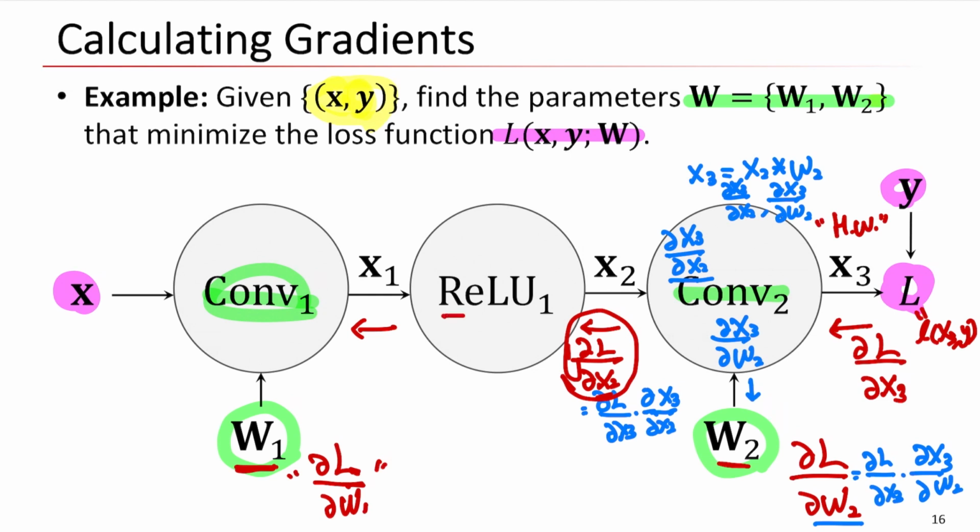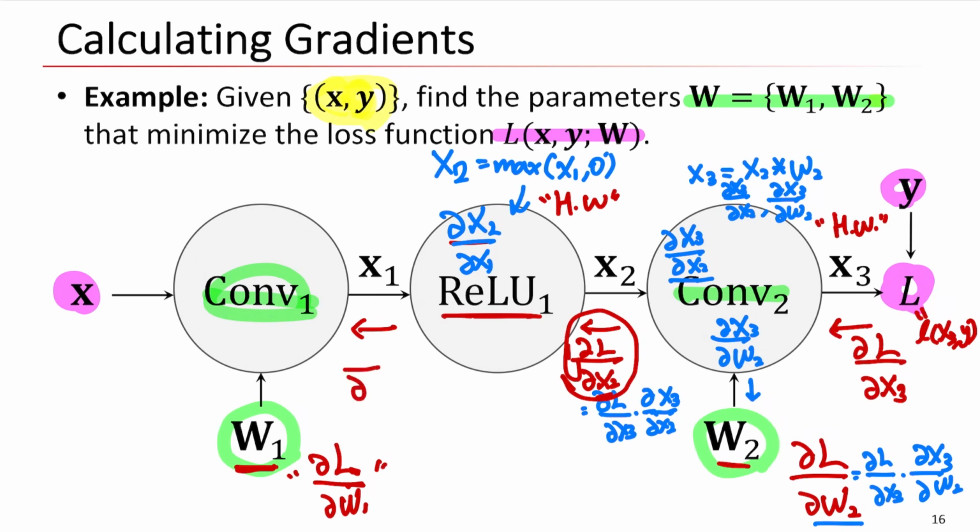Then there is a ReLU term. In the ReLU function there is no learnable parameter, so we can just backpropagate this gradient to x1. Here we can also compute the derivative of x1 with respect to x2, right? When x2 is max, x1 is 0, right? So deriving this one is also up to you. So anyway, we can generate the gradient for x1 here, right?